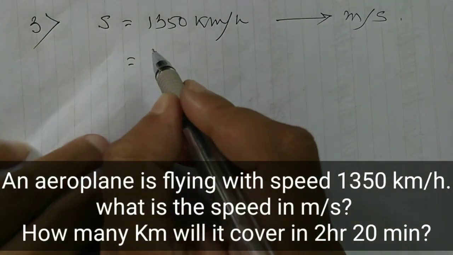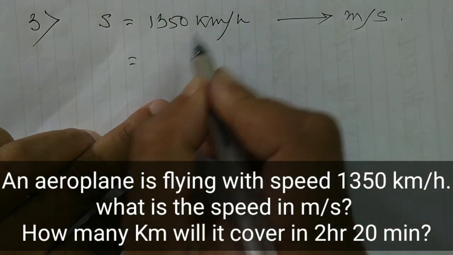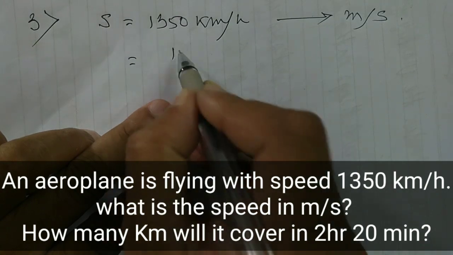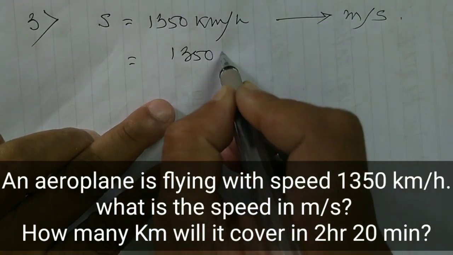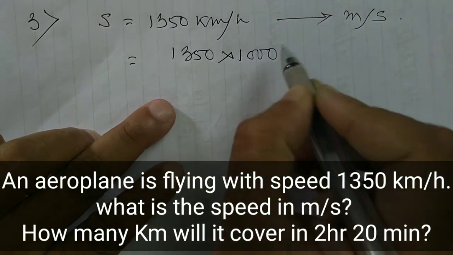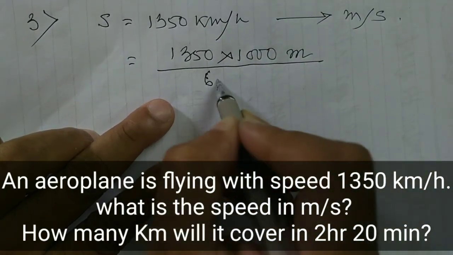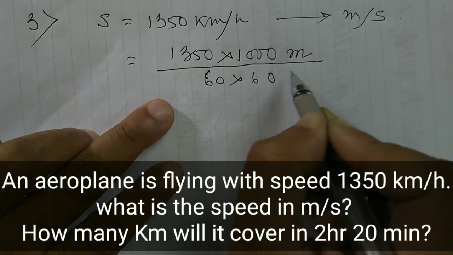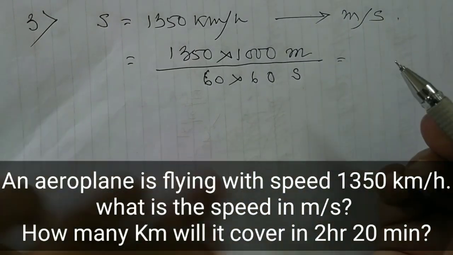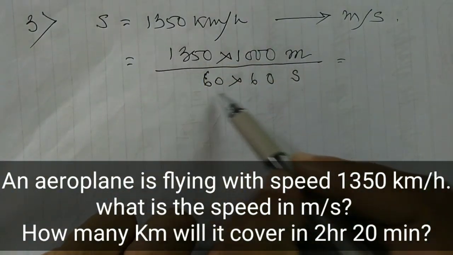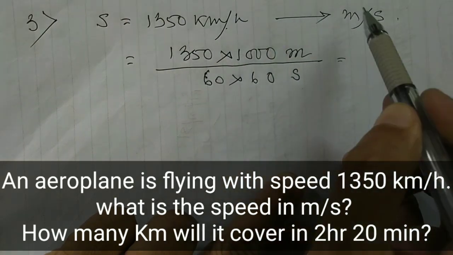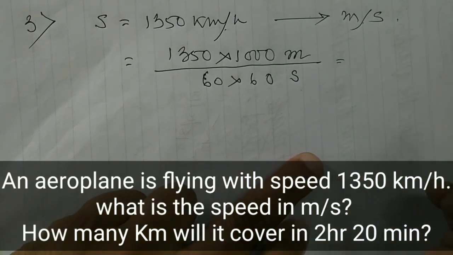Very simple. So 1350 km, you just have to write it this way: 1350 into 1000, so it will be converted into meter, over 60 into 60 seconds. Correct? This is the technique to convert kilometer per hour into meter per second. You have to remember this.